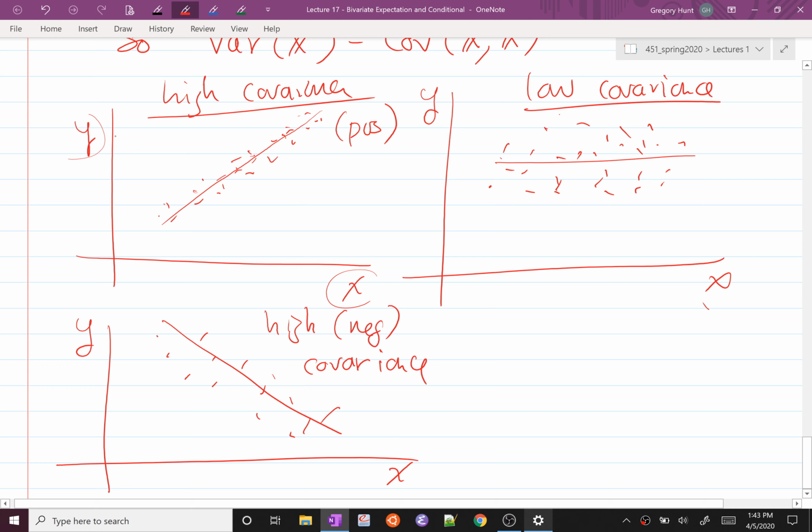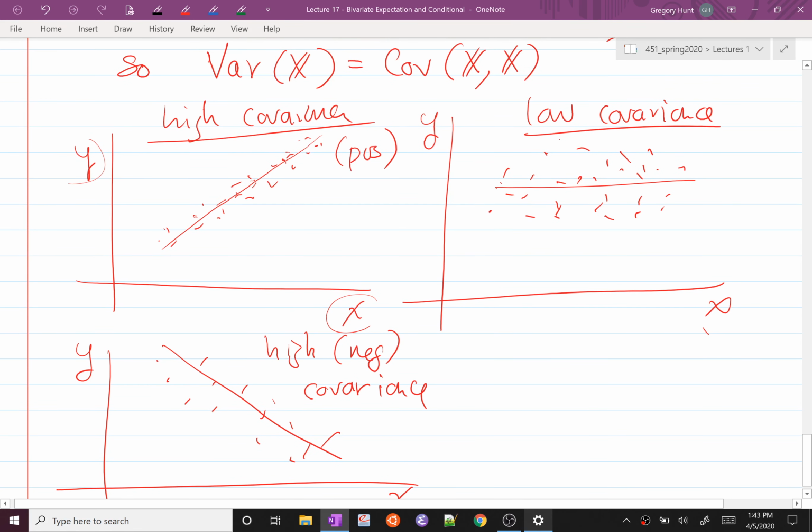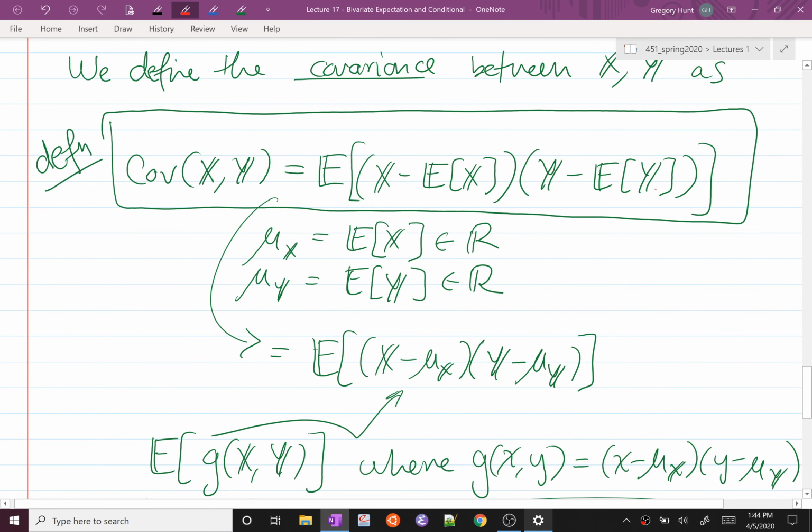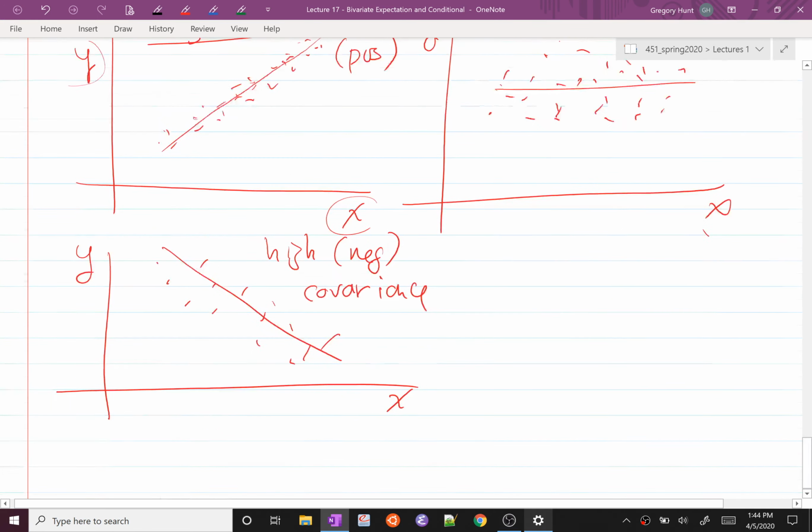When X is below its mean, does Y also tend to be below its mean? Or when X is above its mean, does Y tend to be below its mean, and when X is below its mean, Y is above its mean? That would be a negative relationship. If there is no relationship, as a general rule, you'll get something low, and there'll be no real strong relation. So that's the intuition of covariance. But the formula is just this formula, which is a generalization of variance.